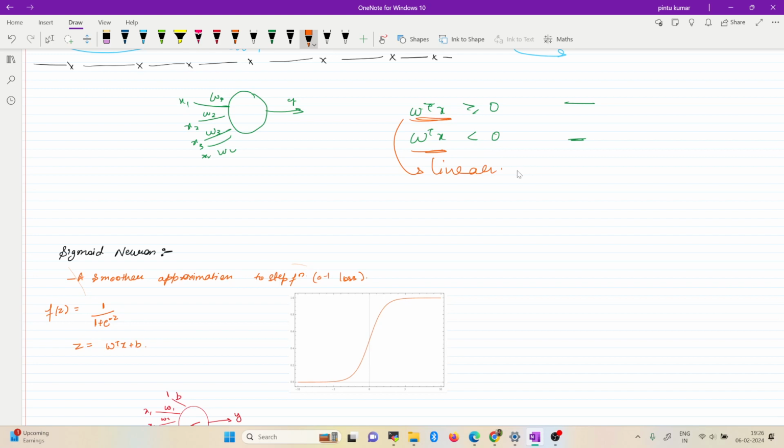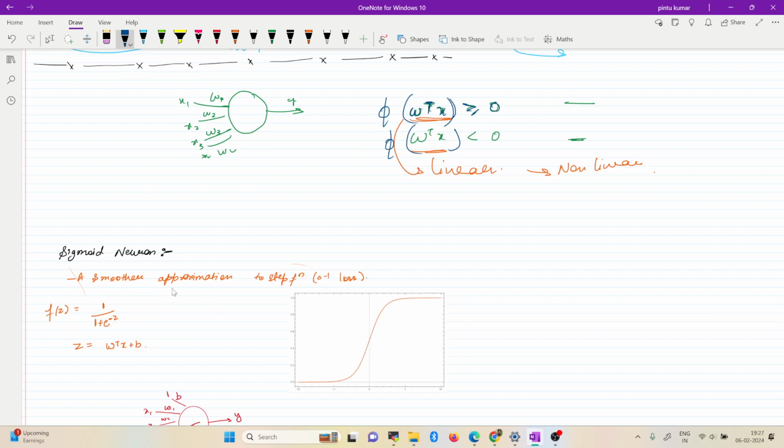If we want to make these conditions non-linear, what we can do is pass the values we have obtained, let's say W transpose X, via some function, and make rules based on f or phi of that particular W transpose X. So this is introducing non-linearity.